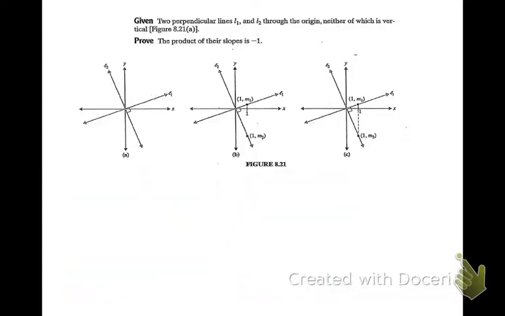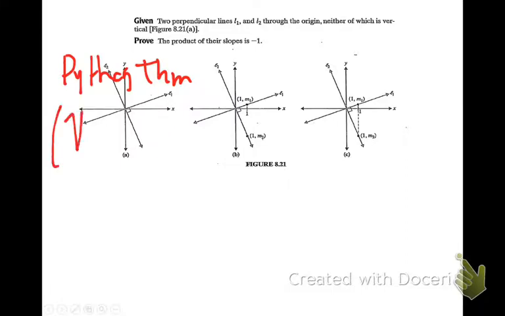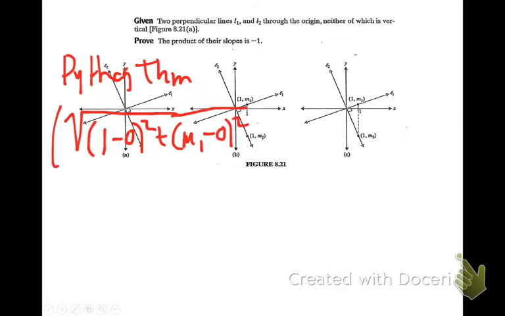We're going to do the Pythagorean theorem. If we do it with those coordinates as shown in the figure, we've got the square root of 1 minus 0 squared plus M sub 1 minus 0 squared.